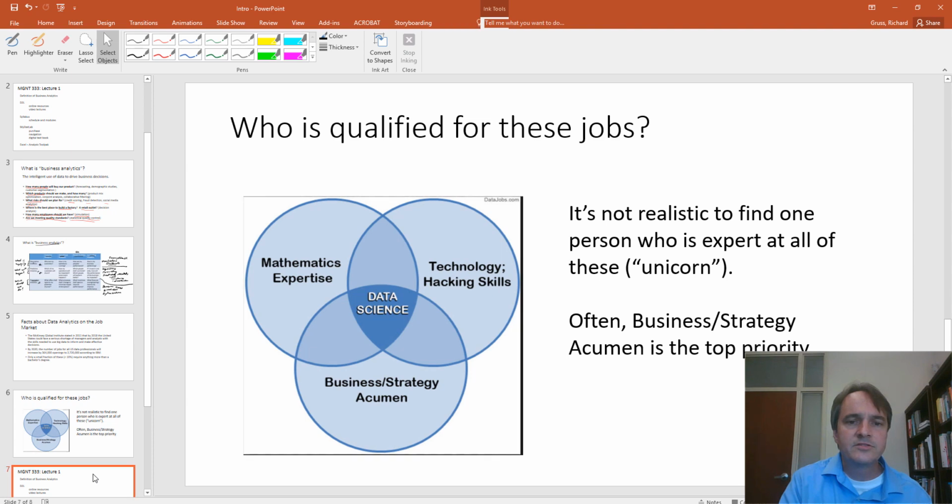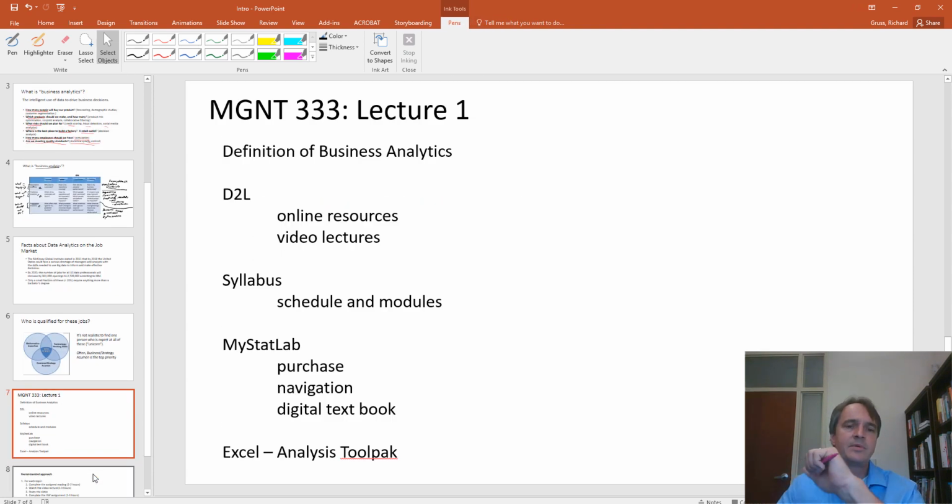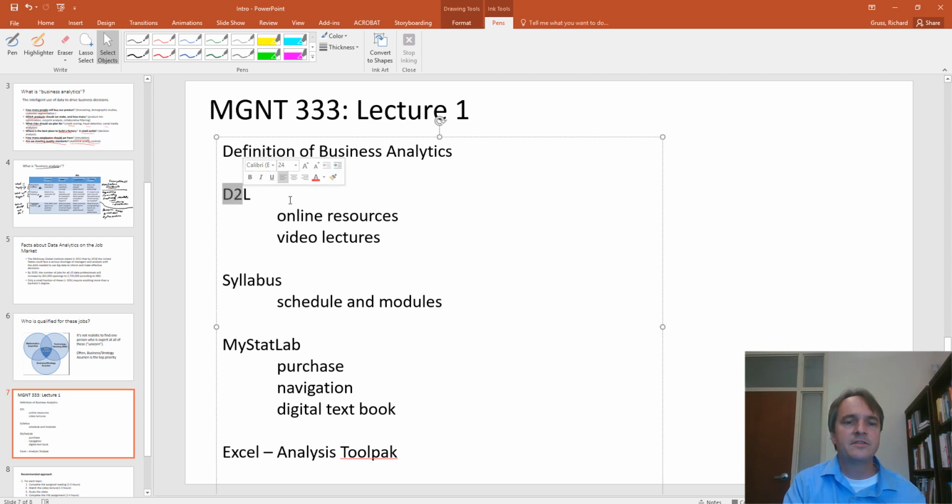Okay. All right. So what I want to do with the rest of the time here is to just show you roughly how the course is going to work, and specifically, I want to take a look at D2L. D2L is going to be the center of where everything is on the course. Even though you'll be doing your assignments in MyStatLab, D2L is where you should check the calendar, check the assignments, check for updated documents and so forth.